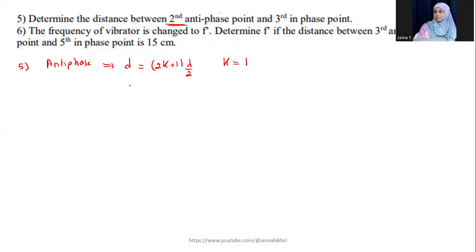So the distance, I'll name it d1, is equal to (2 multiplied by 1 plus 1) multiplied by lambda over 2, which is equal to 3.5 over 2. And then we'll get as answer, times 3, which is equal to 5.25 centimeter.